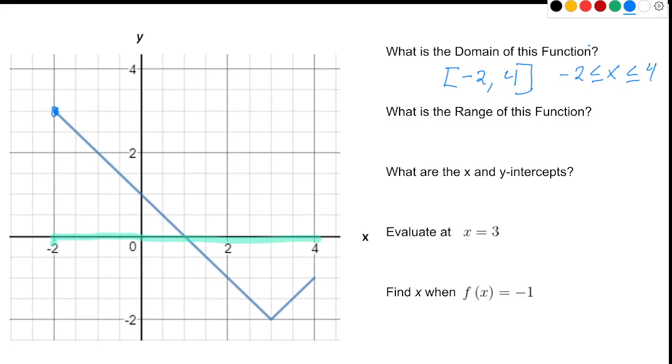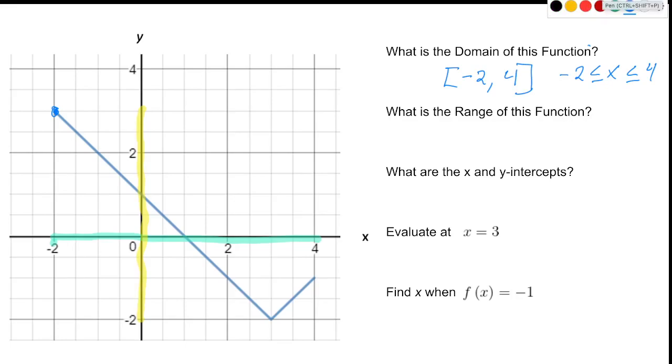What is the range of this function? Well, for that one, we're going to be looking for the y values. So let's use a different color. We're looking from the bottom of the graph, in this case all the way to the top. It stops there at 3. So the y values go from negative 2 to positive 3.